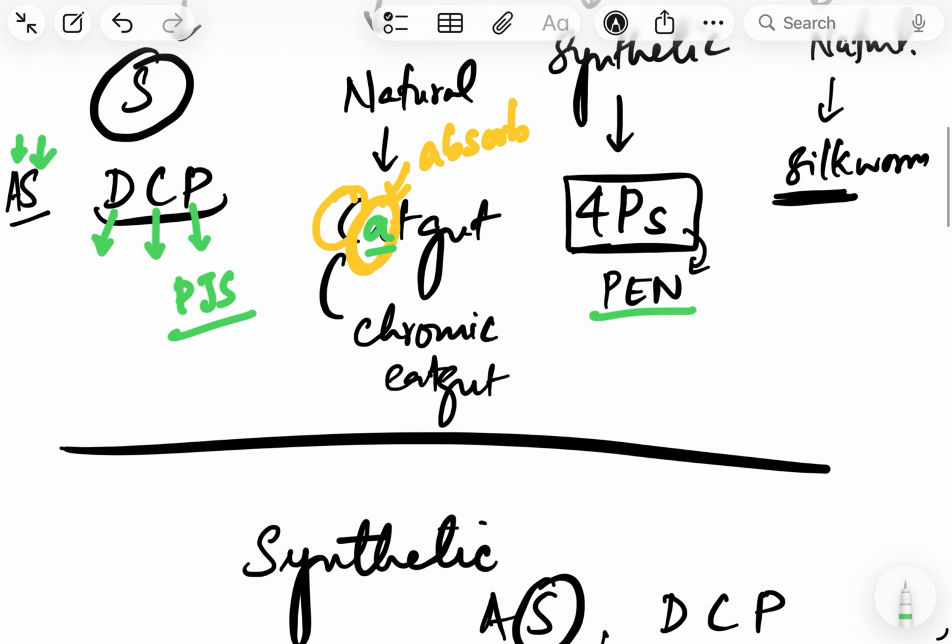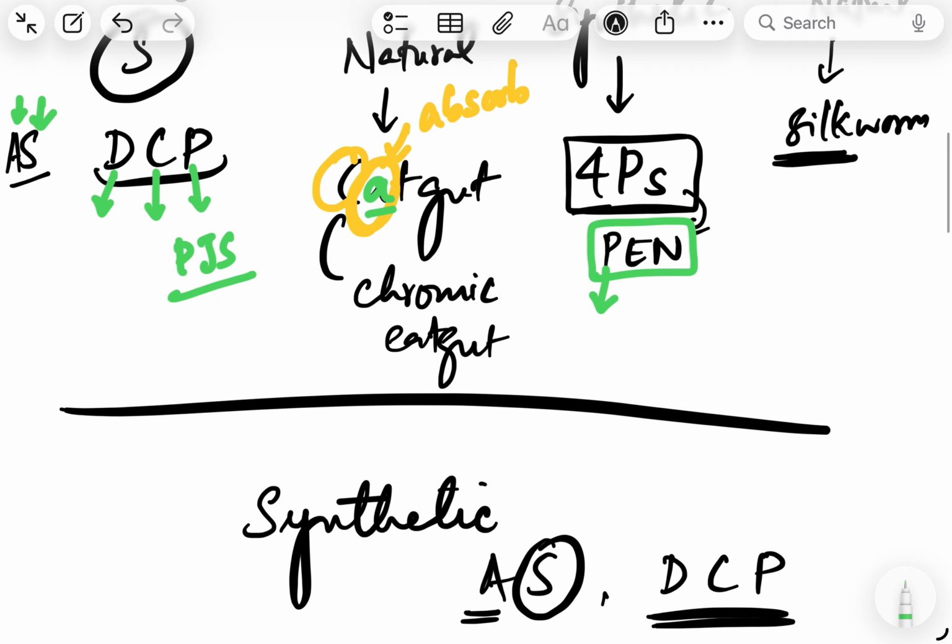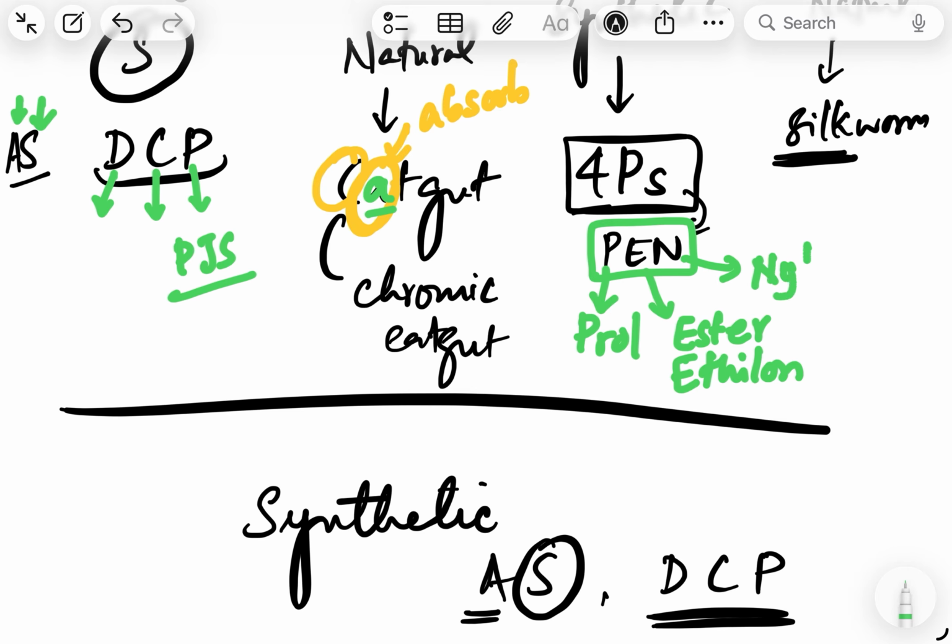So, what is the mnemonic? PEN. P is for your Prolene and E is for the ester and Ethilon and N is for the nylon and Novafil. So Ethilon and nylon are basically the same.